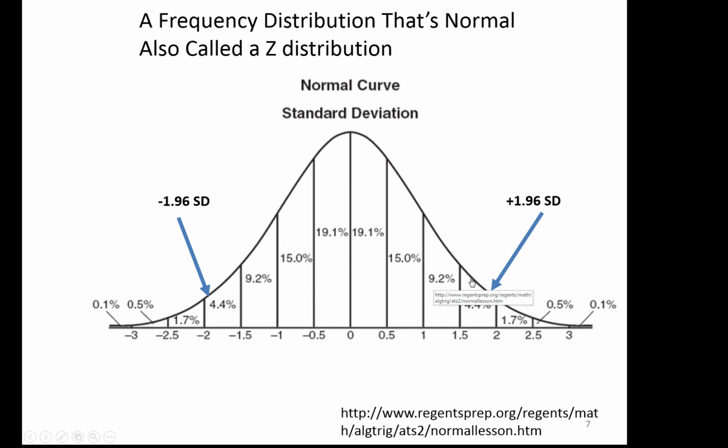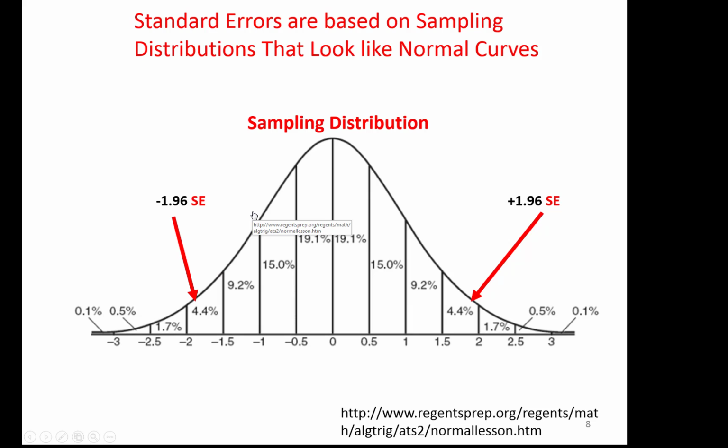So very near 2 standard deviations, you get almost all of the subjects, but not quite, 1.96. And you'll see that 1.96 again. If you don't recognize it, we'll talk about it again.